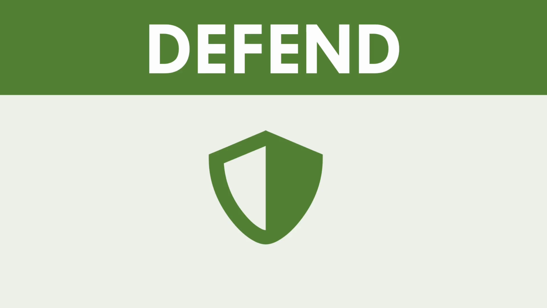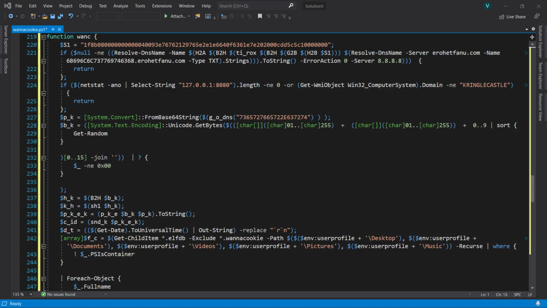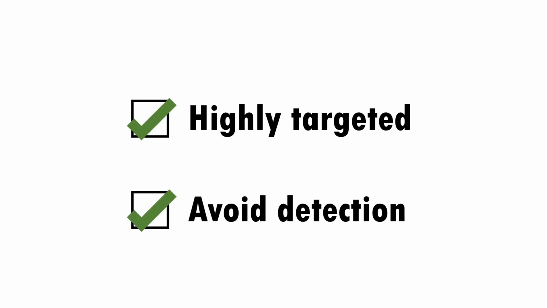Hopefully by now you've been able to see that execution guardrails are really not much more than gathering some simple system properties and feeding them into if statements. As such, there really is no practical way to prevent the use of this technique. After all, an attacker who has chosen to include execution guardrails in their malware suggests that it's intended to be highly targeted and stealthy.